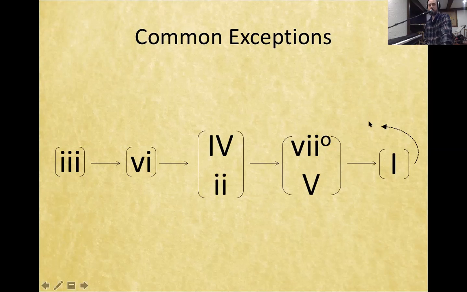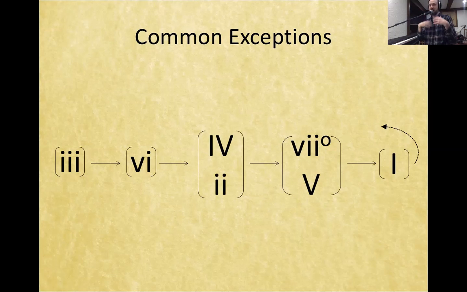Especially imagine if instead of doing just 1 predominant and 1 dominant chord, we used both. Going from 1 to 3 would now give us 3, 6, 4, 2, 7, 5, 1. That's a lot of chords.